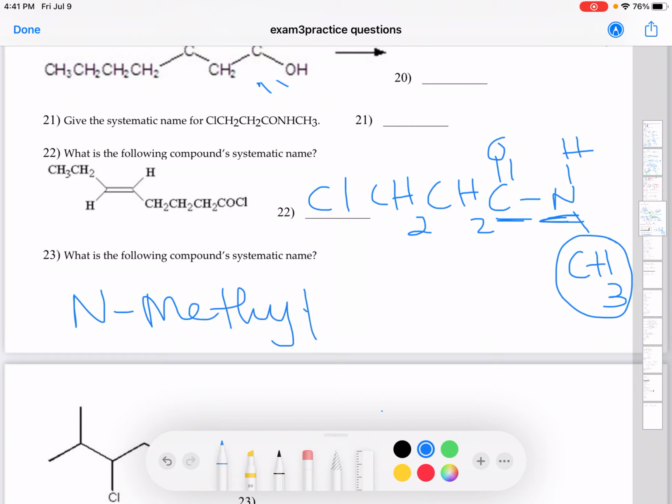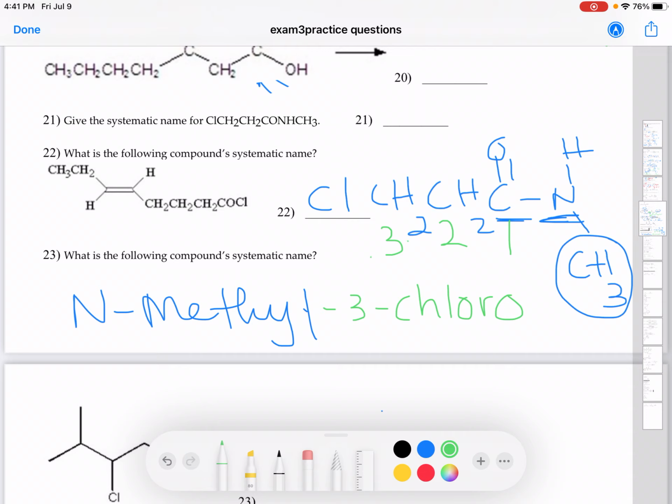And then the other group, if you count the number of carbons, 1, 2, 3. On the third carbon, there is a chloro group. So you can say 3-chloro, right? Amide. So how many carbons? 1, 2, 3.